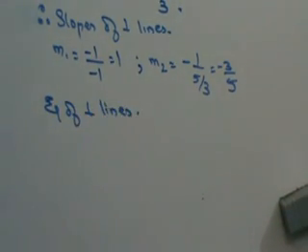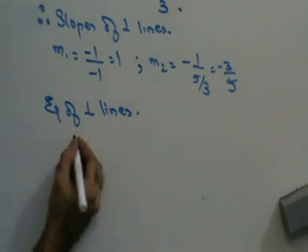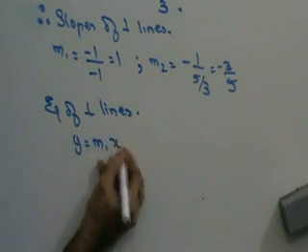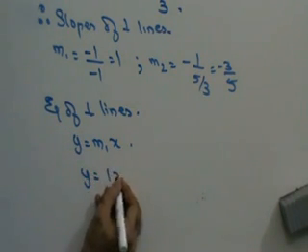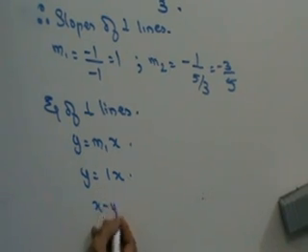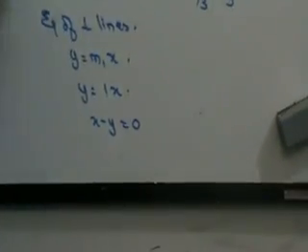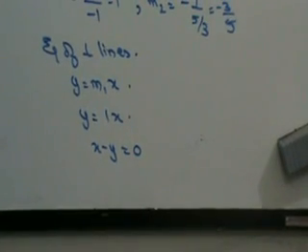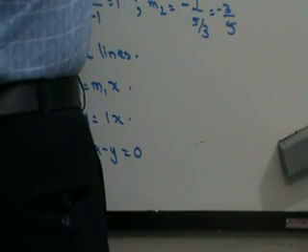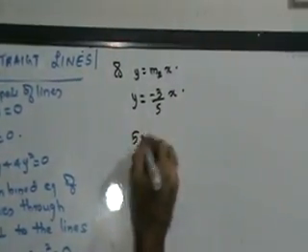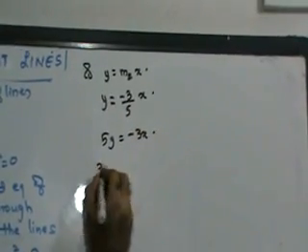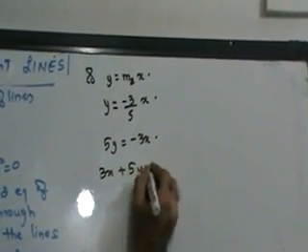Since the perpendicular lines are also passing through the origin, equation of the line is y is equal to m1x, y is equal to 1 into x, x minus y is 0, and y is equal to m2x, y is equal to minus 3 by 5 x, 5y is equal to minus 3x, 3x plus 5y is 0.